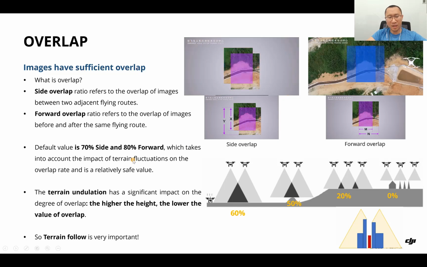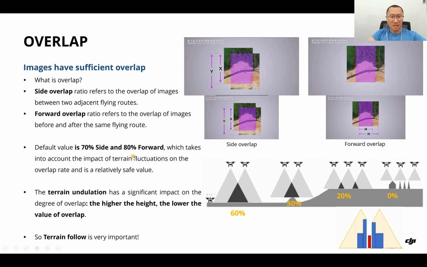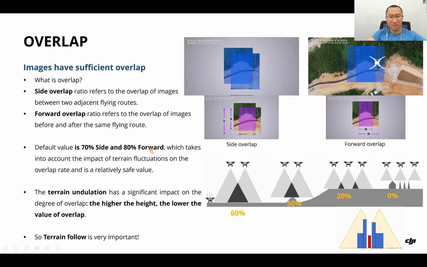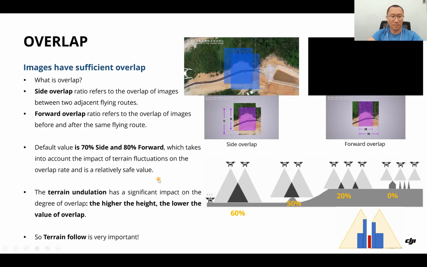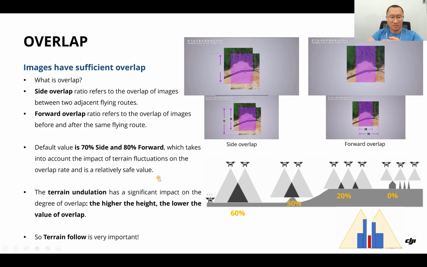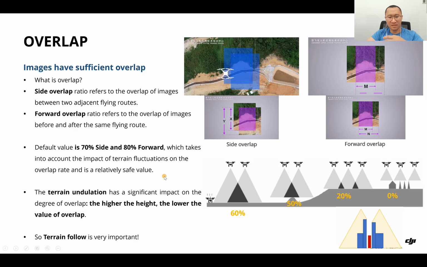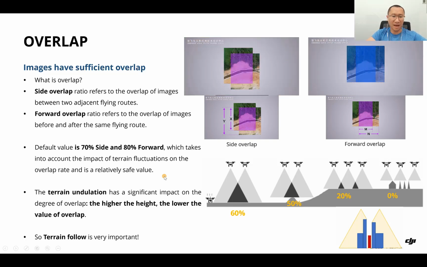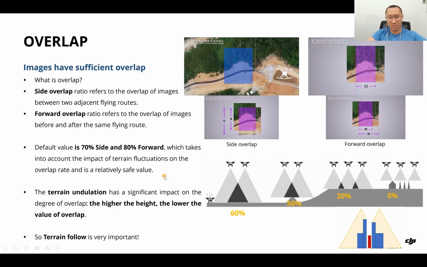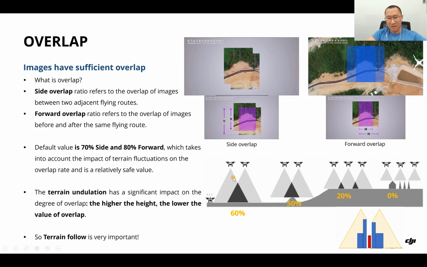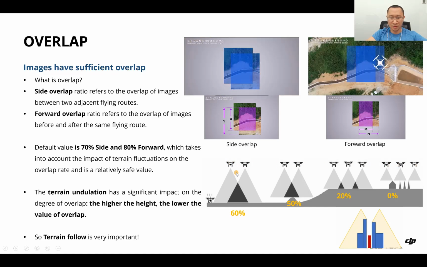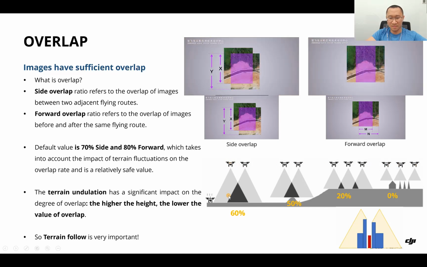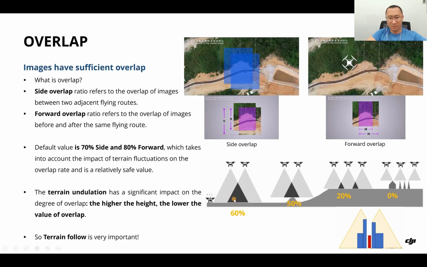The default value is 70% side overlap and 80% forward overlap, which is a relatively safe value. But terrain undulation has a significant impact on the degree of overlap. For example, if the drone uses a fixed flying altitude, the overlap at this point will be 60%.